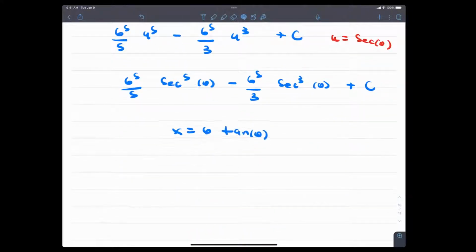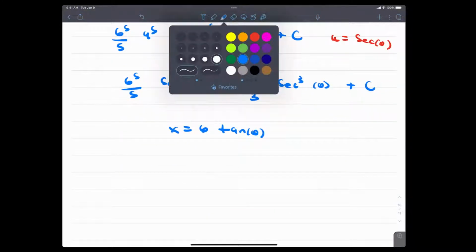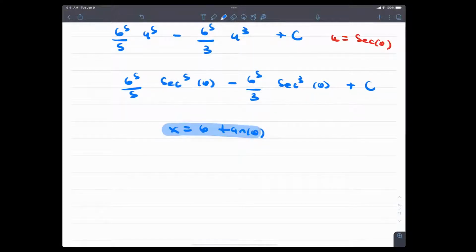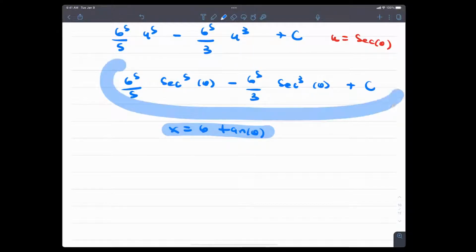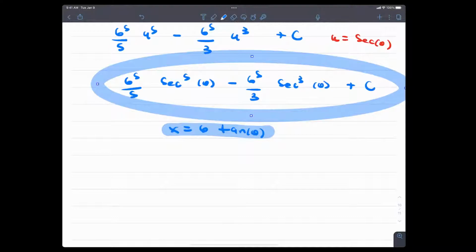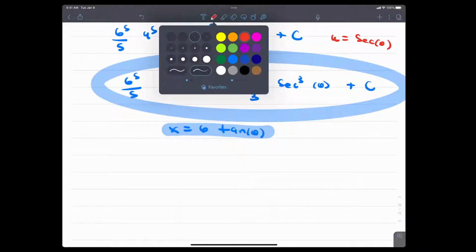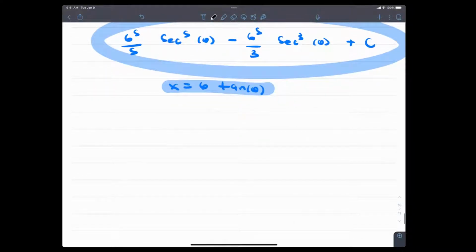Remember this portion here? You said, but x is 6 tangent theta. We can't leave the answer in terms of secant theta. Right? We have to have the answer in terms of x. All right, so what does that mean about tangent theta? Tangent theta is going to be x over what? 6. Is that right?